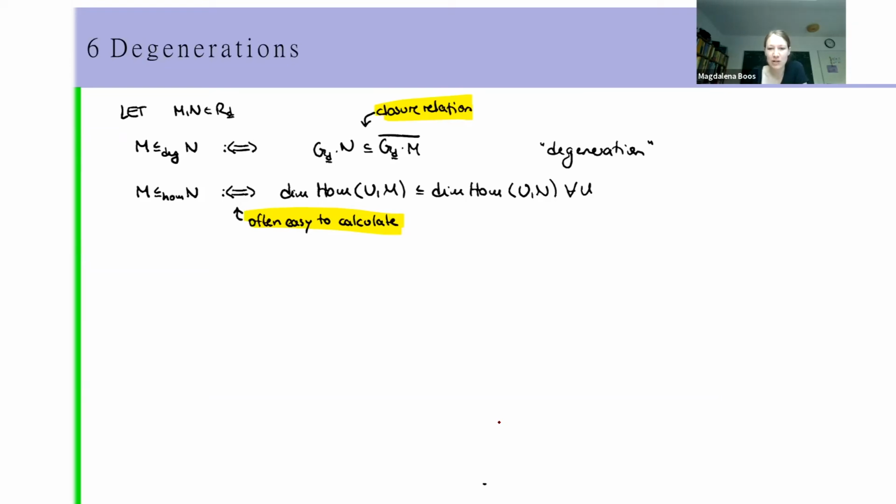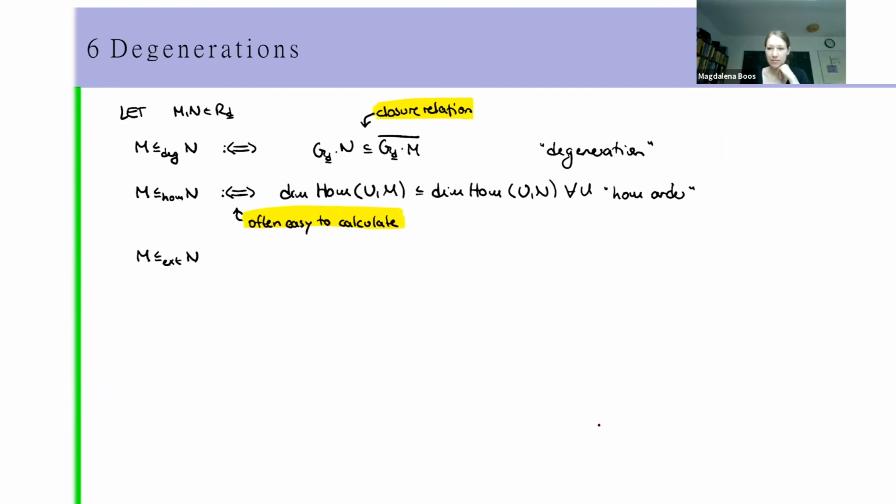You just grab the dimension of the Hom space from U to M and the one from U to N. And if the one is smaller than the other for every indecomposable U, then you say these representations are related in the Hom order. If you have never seen these definitions, maybe don't look at what's written, but think dimension of Hom spaces. That's not too bad. So that's the Hom order.